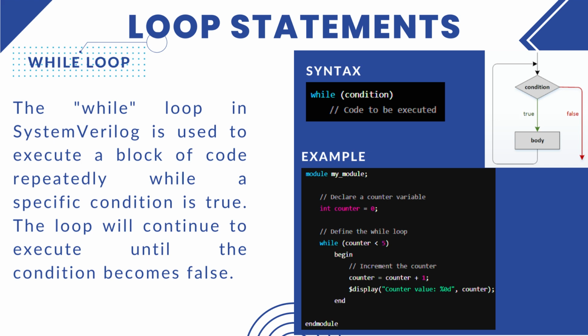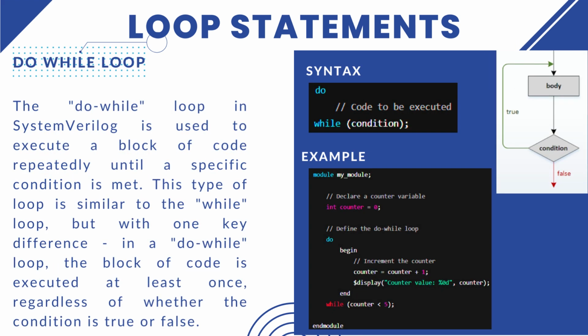However, if the condition is true, the loop will continue executing and move to the execute block of code block. This block represents the block of code that is executed as long as the condition is true. After executing the block of code, the loop will move back to the check condition block to reevaluate the condition. This process will continue until the condition becomes false, at which point the loop will exit and move to the end of loop block.